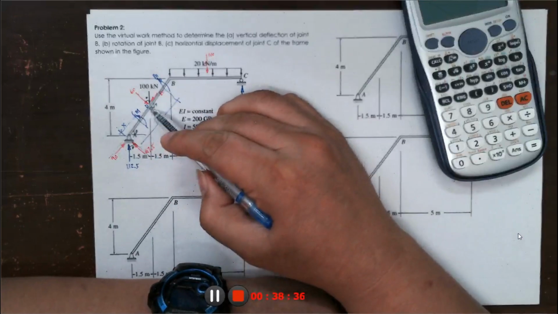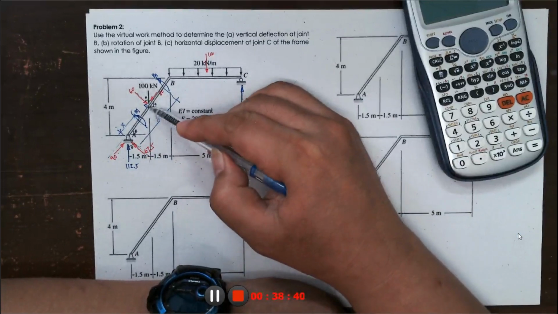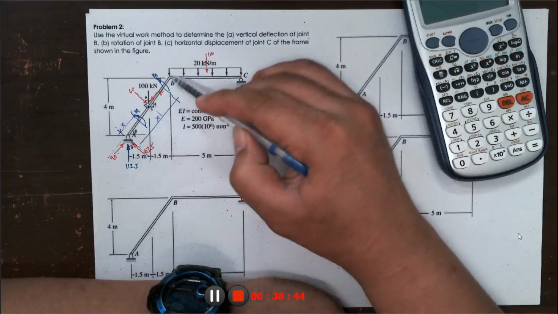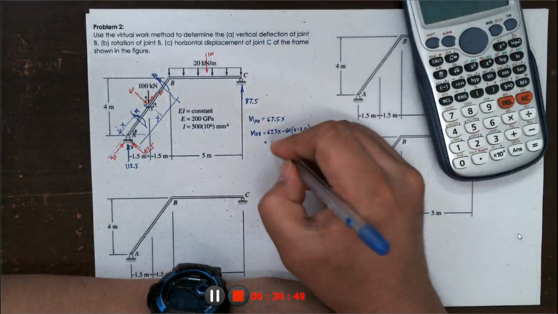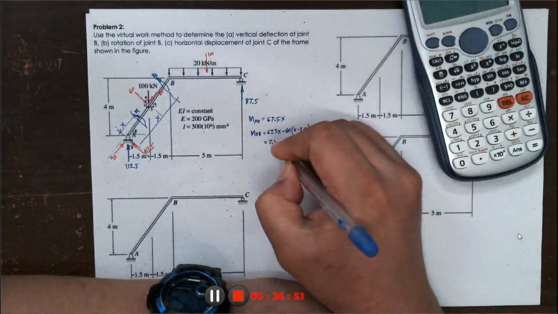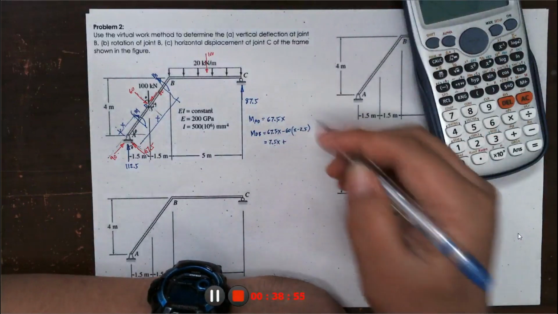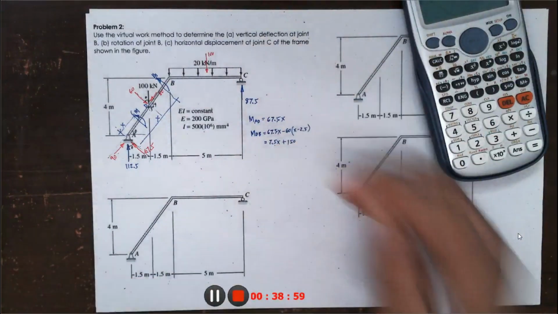Of course it's at the middle, and the total is 5, so 2.5. So simplify, you have 7.5x plus 60 times 2.5 is 150.